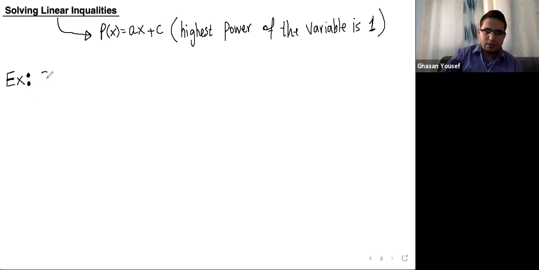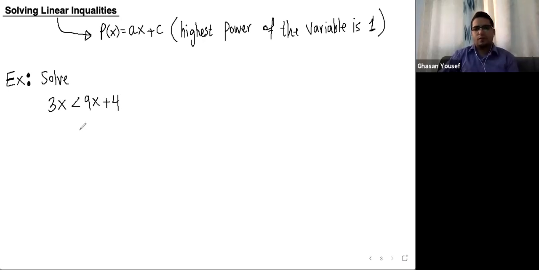The question is: solve 3x less than 9x plus 4. To solve an inequality like this, I prefer to move all variables to one side and all numbers to the other side.